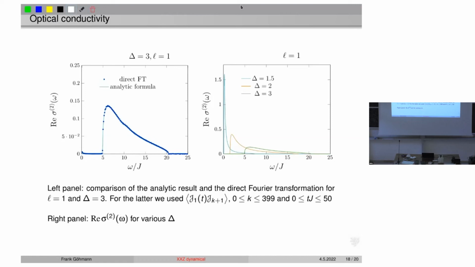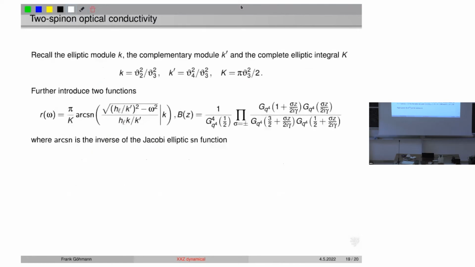And with the analytic formula, it's a simple formula I show you, you can just plot this. I did this using Mathematica. So what you can plot here is the real part of the dynamical conductivity, the transport quantity, which can hopefully be measured in these spin chain materials. If you do this Fourier transformation analytically, you better express some parts in terms of Jacobi elliptic functions, so then you need the elliptic integral of the first kind and the elliptic modulus and the complementary one, and they are both expressed in terms of q using theta functions.